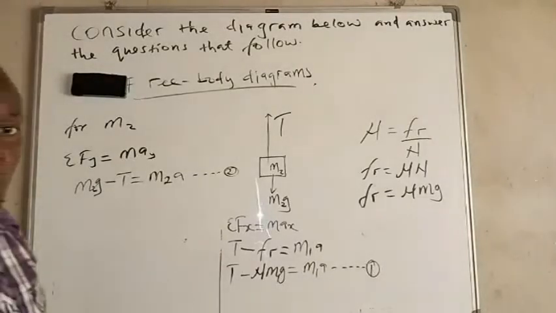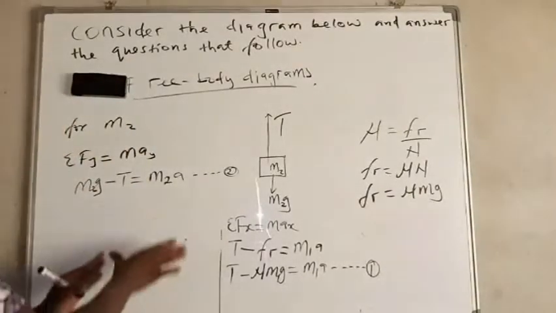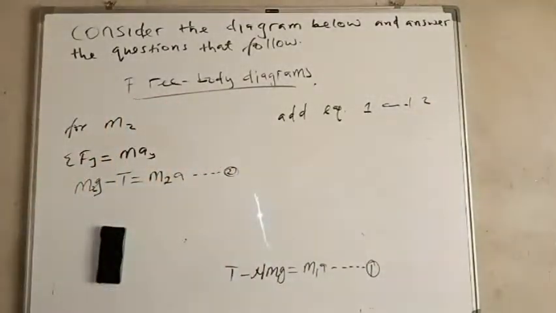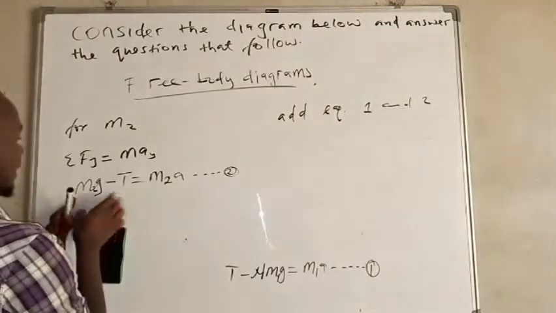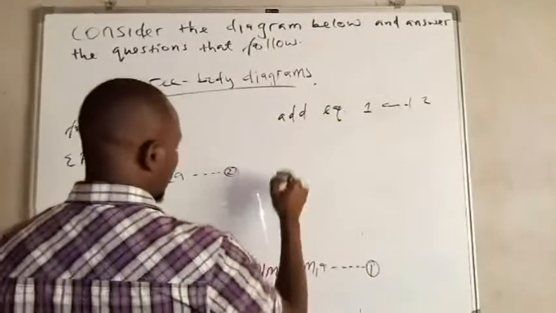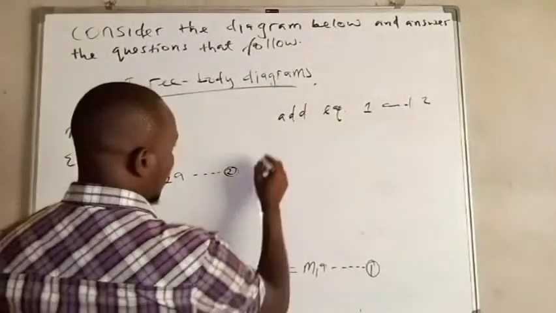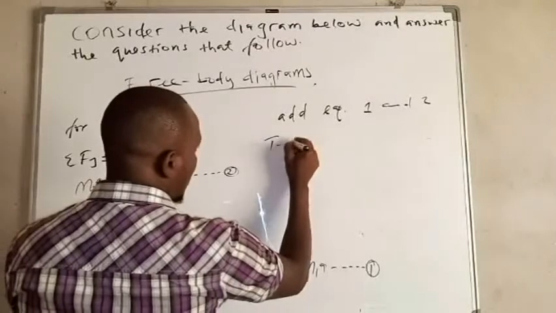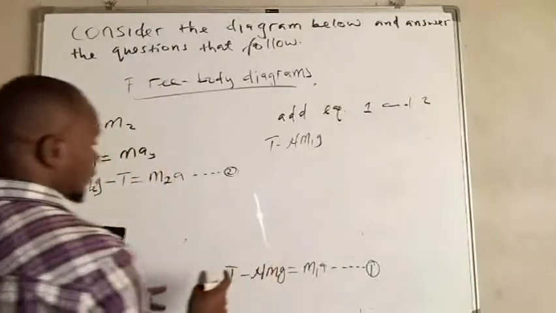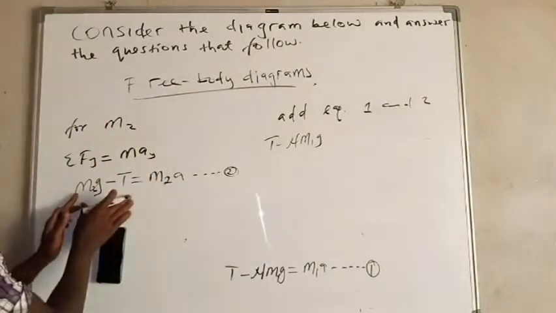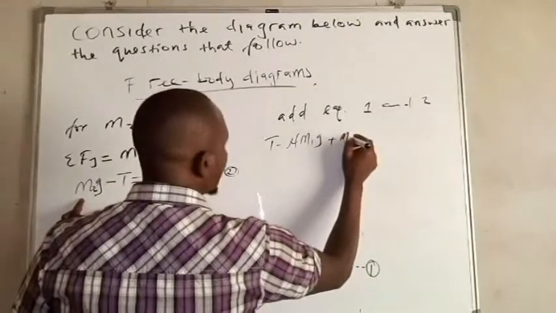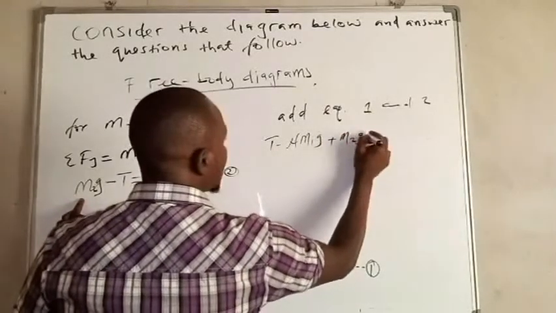So from here, what we're going to do is add these equations. So we add equations 1 and 2. On the left side of equation 1, we have t minus mu m1 g. Then on the left of equation 2, we have plus m2 g minus t.